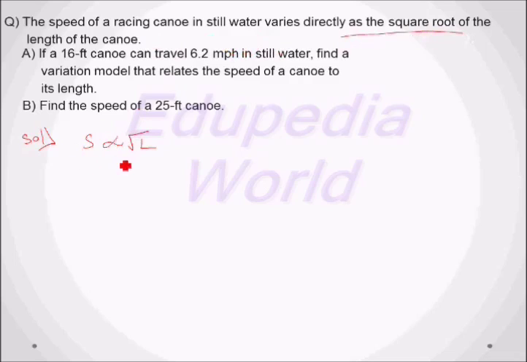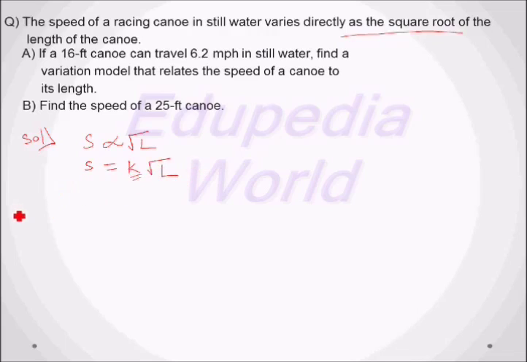So S is directly proportional to root L, or we can write S equals some constant K into root L. To change proportionality to equality, we introduce a constant K.